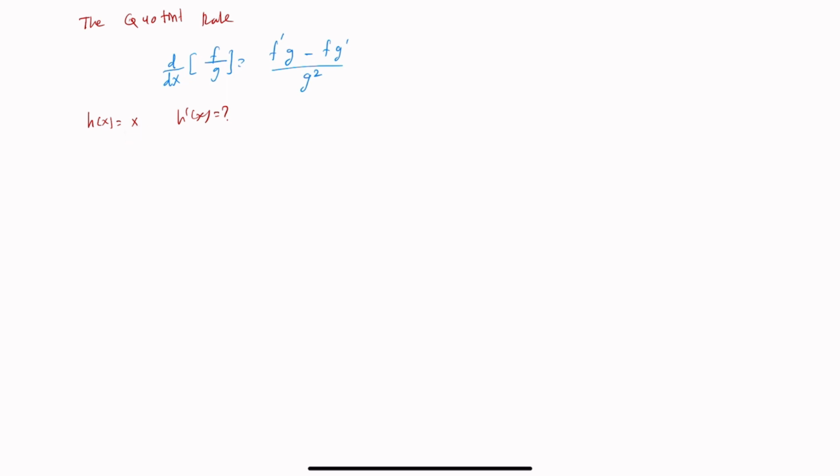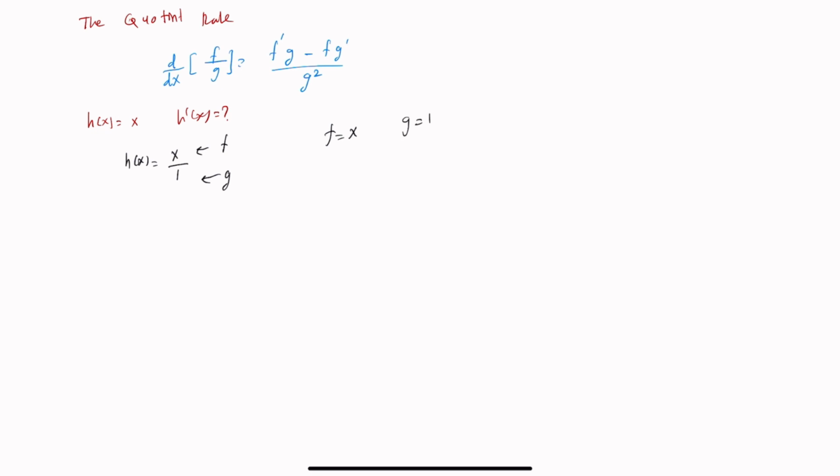So here, to be able to use the quotient rule, I need to write our function as a fraction. So I'm going to write h of x equal to x, and then the denominator is going to be equal to 1. So here I'm going to assign the top to be equal to f, and then the bottom to be g. So f is going to be x, and then g equal to 1.